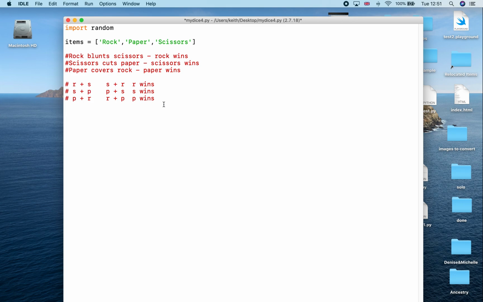So I need to look at the next 3 outcomes, which would be the fact that if I get a rock and a rock, that would be a draw, and if I get scissors and scissors, that would be a draw. And if I get paper and paper, that would also be a draw. So they are all the possible outcomes from this game.